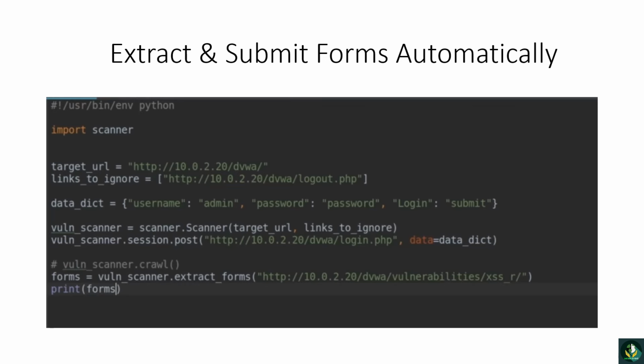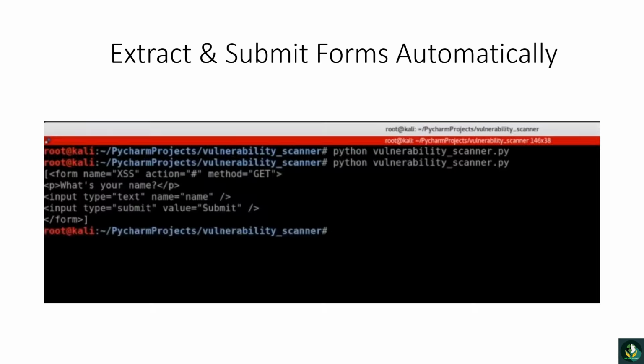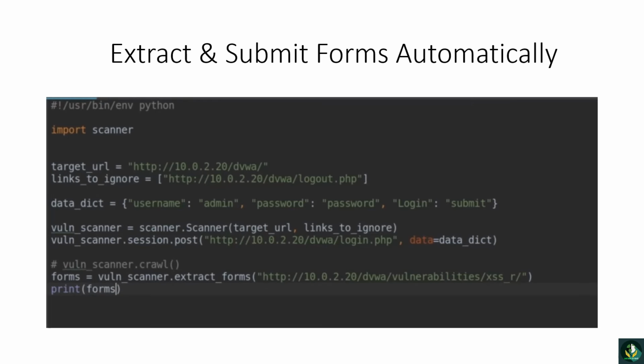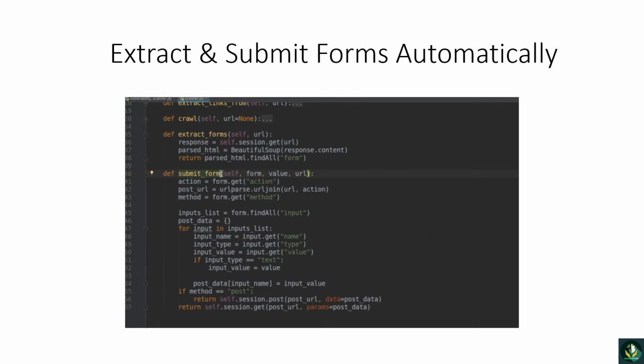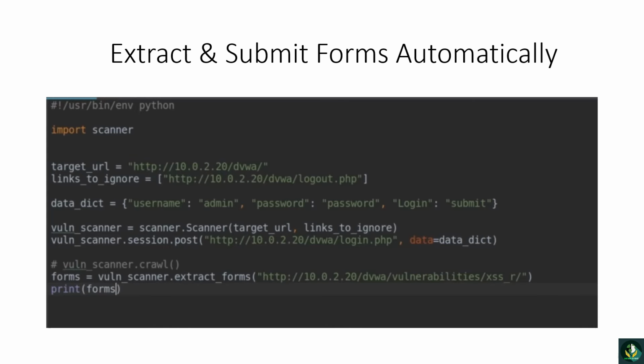So when there is an option to return in the self dot session, we are going to increase that size, and instead of saying the data is equal to post data, if the method is post, then it will get the post URL.